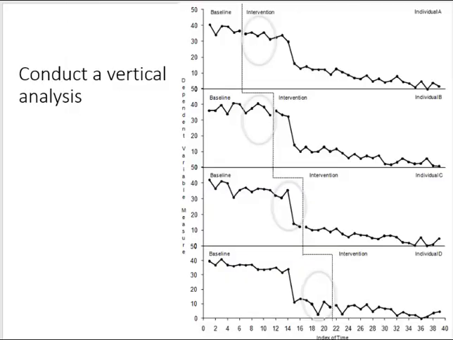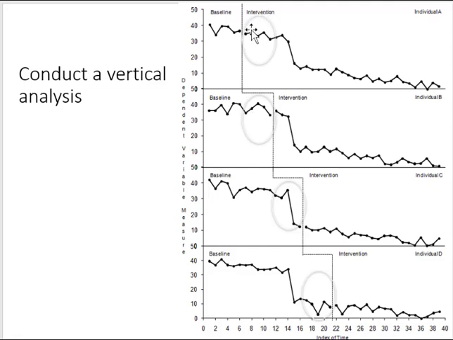With our multiple baseline and our multiple probe, we have to do this vertical analysis where we're looking to see a shift from baseline to intervention on the first tier, but we want to make sure that once we move into intervention, the data points for the tiers on which we've not yet intervened remain stable.